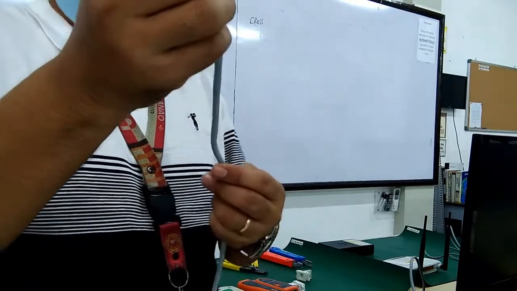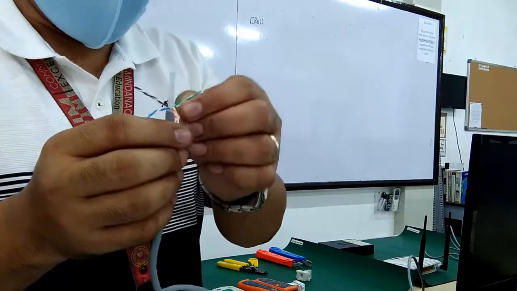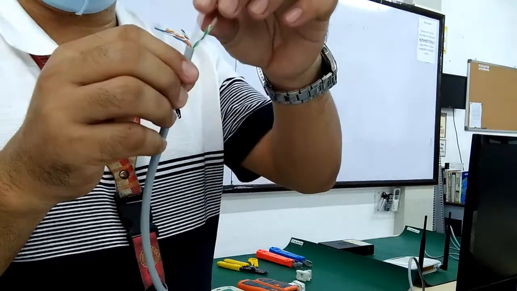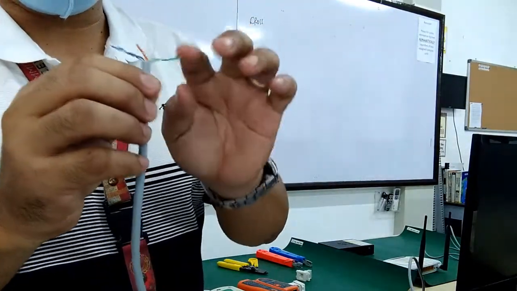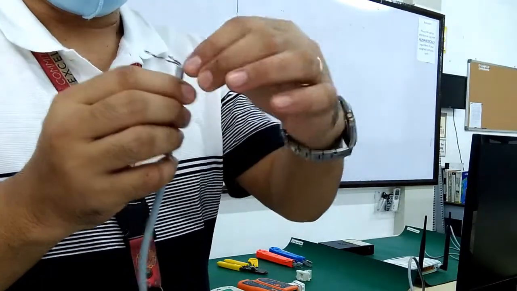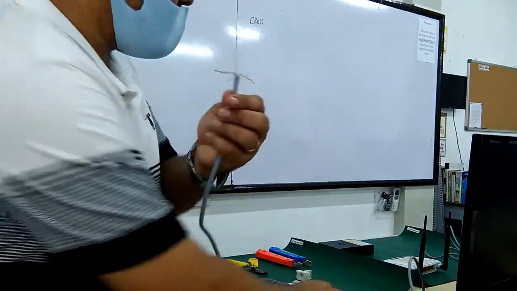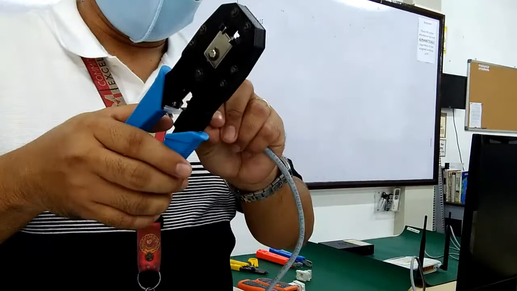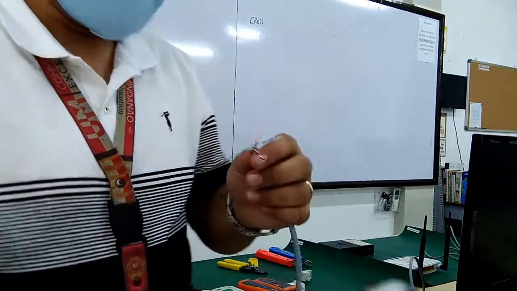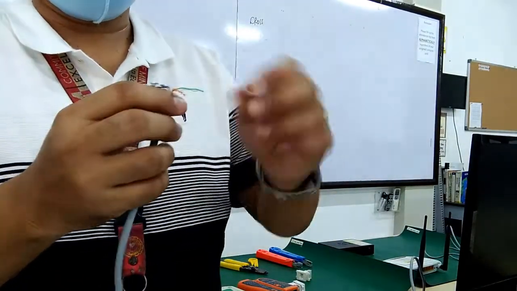This is not Cat5, this is Cat6. Take note, if you look at your Cat6, there is a plastic inside that separates the 4 twisted wires. So we're going to remove this one, cut this one, and then untwist these wires.